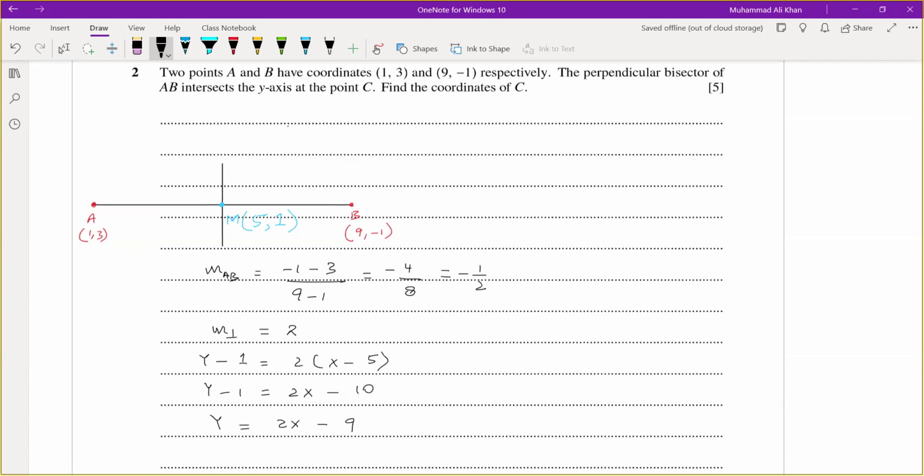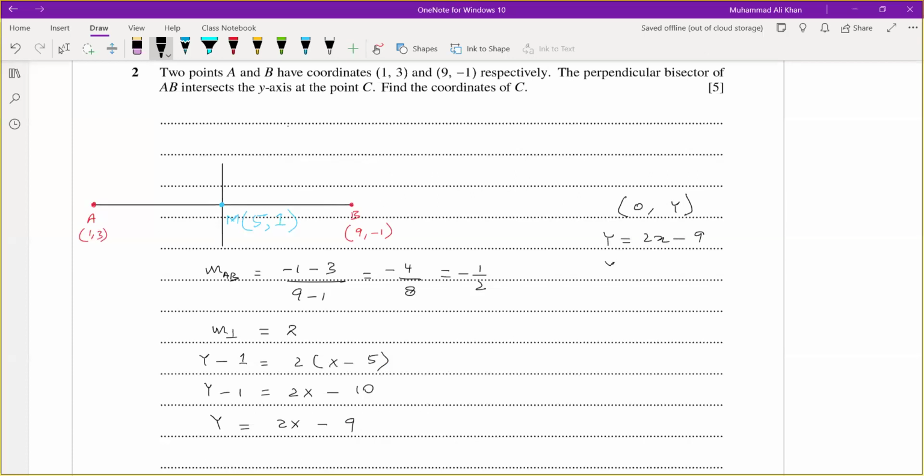आपसे कहा गया the perpendicular bisector of AB intersects the y-axis at C, find the coordinates of C. If the perpendicular bisector intersects the y-axis, तो y-axis को जब कोई भी चीज intersect करेगी तो उसमें x 0 होगा और y की कोई वैल्यू होगी. So in the equation of perpendicular bisector, y equals 2x minus 9.